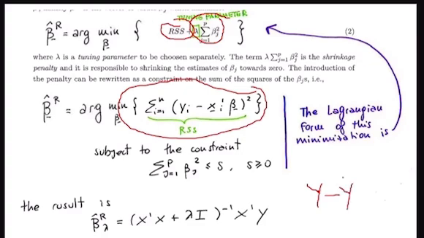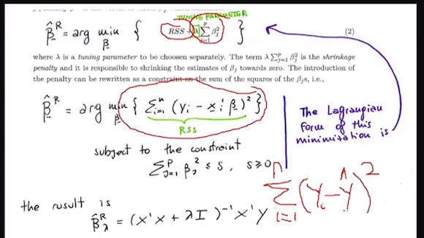Y minus Y cap is the residual. If I square the residual and sum it over the n observations, then I have the residual sum of squares.